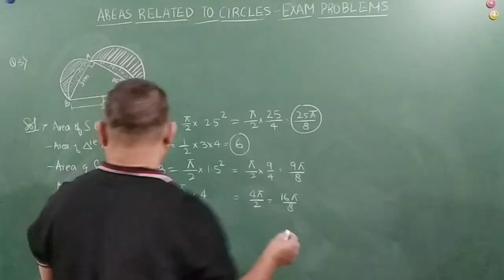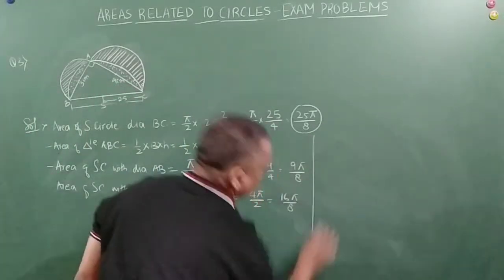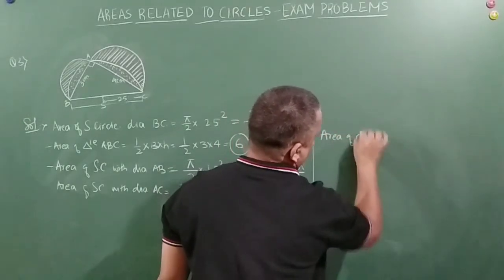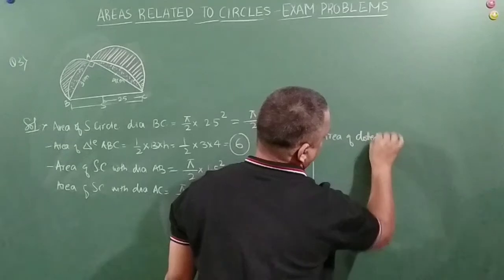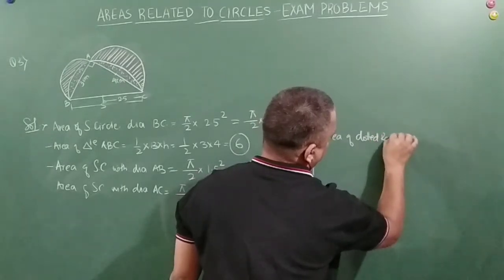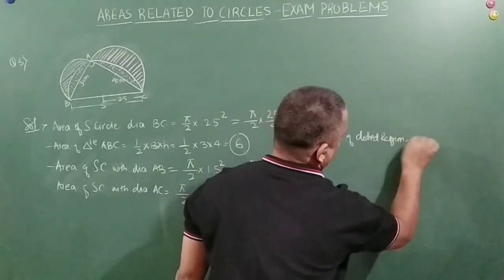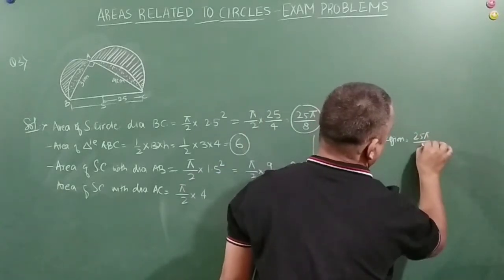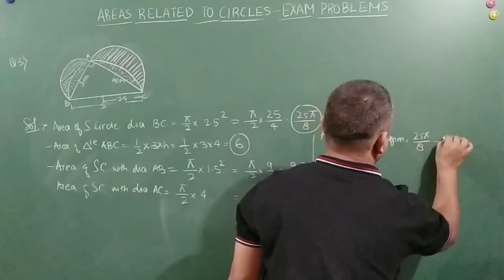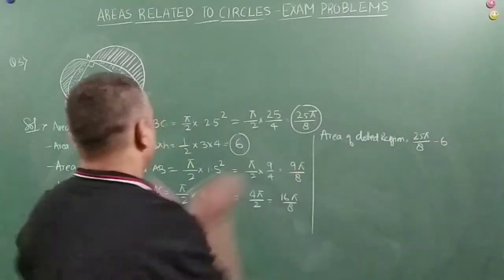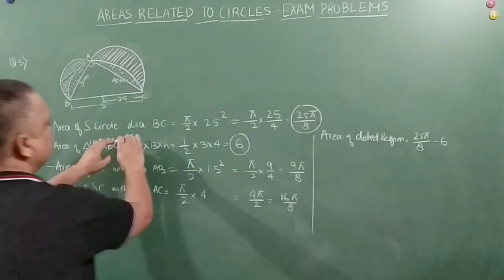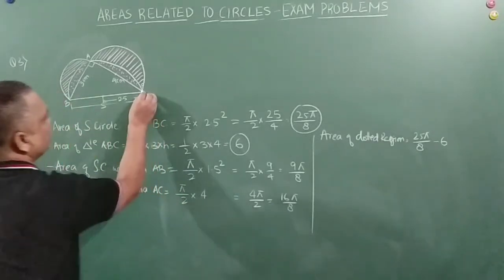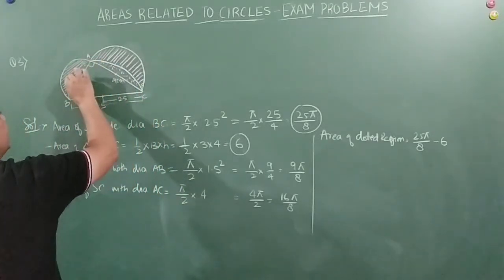Area of dotted region is equal to 25 pi by 8 minus 6. I'll explain how. So see, what is the area of semicircle with diameter BC? That means I have got this entire area.